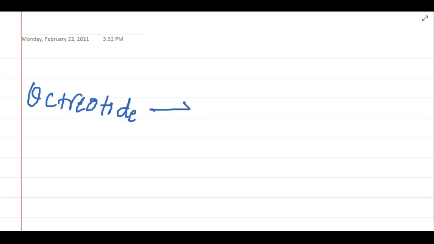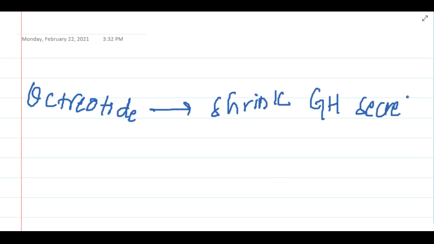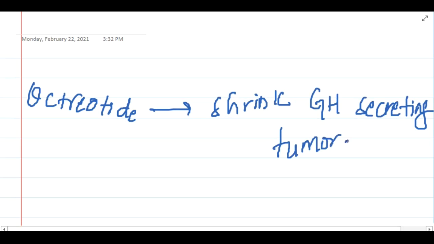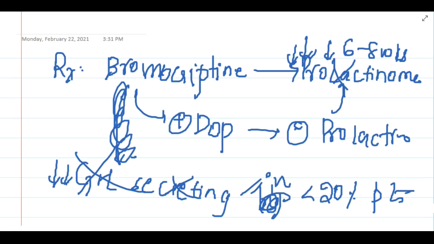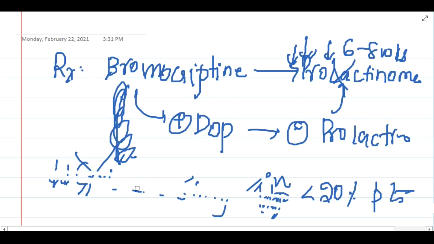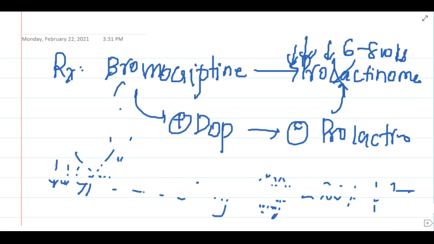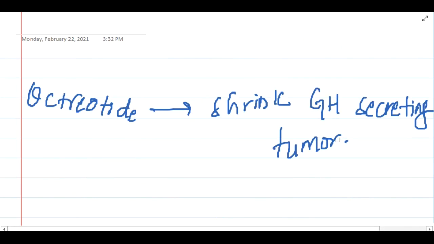I'm really sorry, I got confused at this point. So there are two things: bromocriptine will mainly shrink the prolactin secreting tumors, whereas octreotide will shrink the growth hormone secreting tumors.